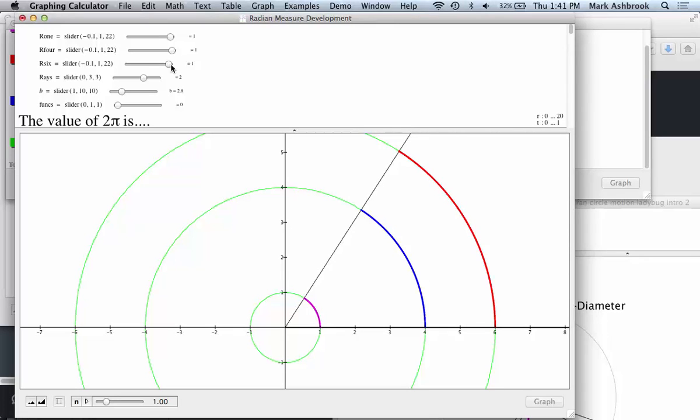So those are all a length of 1 radius length. And that's how we define the numerical measure of a radian.